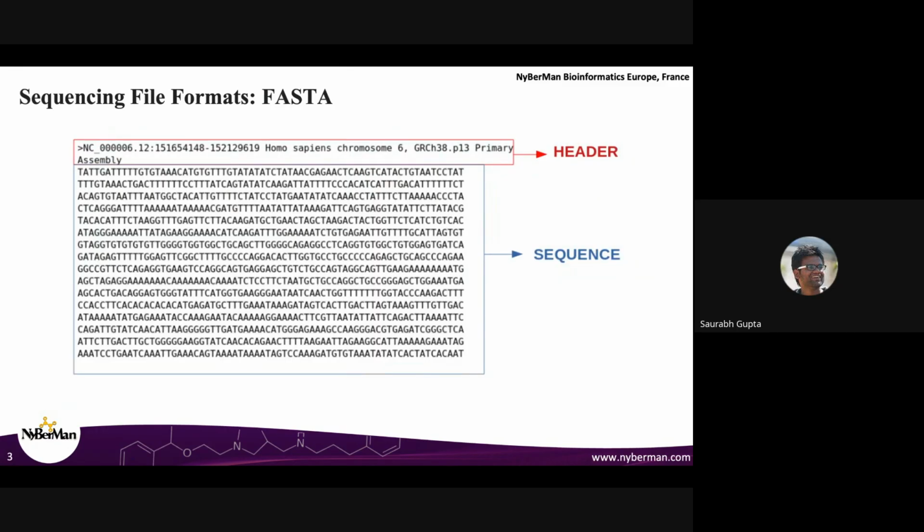So the first thing, one of the first sequencing formats. But even before this, in bioinformatics, or even in the computation field as well, we sometimes have files which are of a certain format.